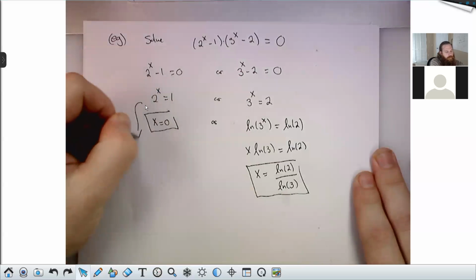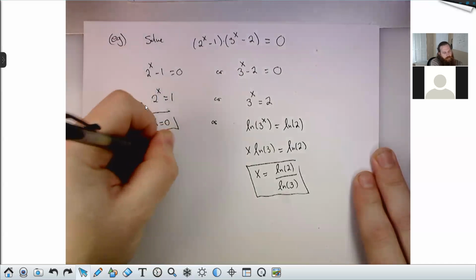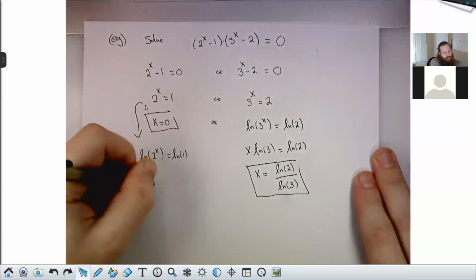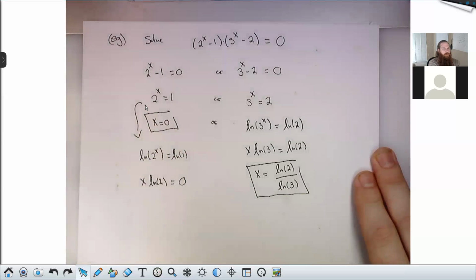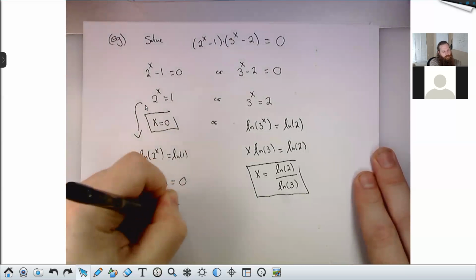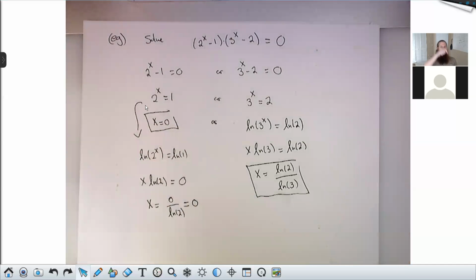But if you wanted to, you could take the natural log and say the natural log of 2 to the x is equal to the natural log of 1. This is the same as x times the natural log of 2 equals the natural log of 1. But the natural log of 1 is 0. So this is the same as x equals 0 over the natural log of 2. And 0 divided by anything is 0.